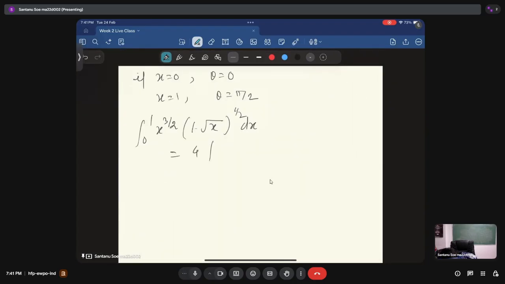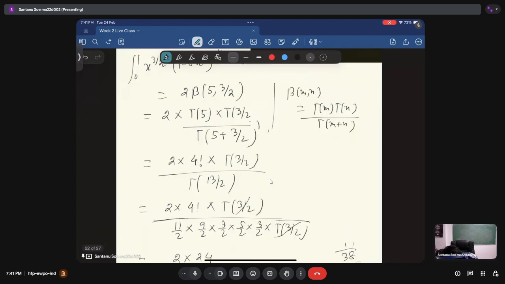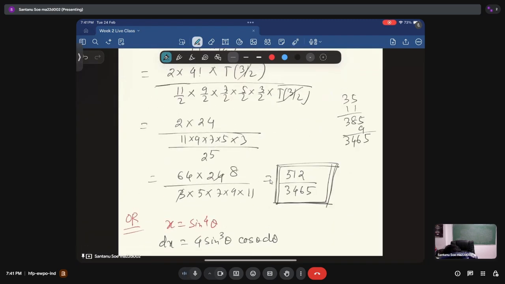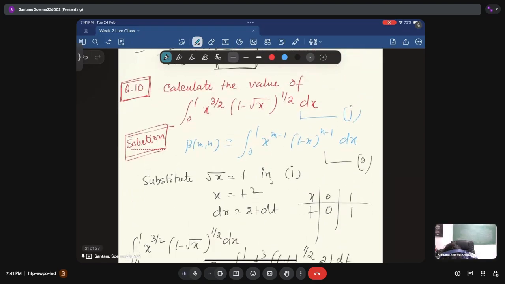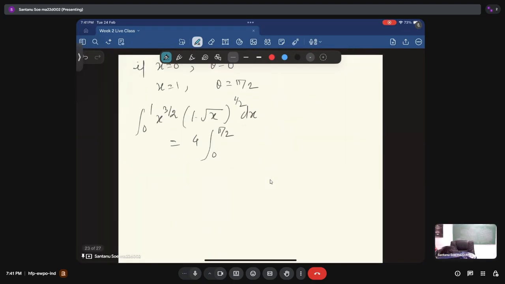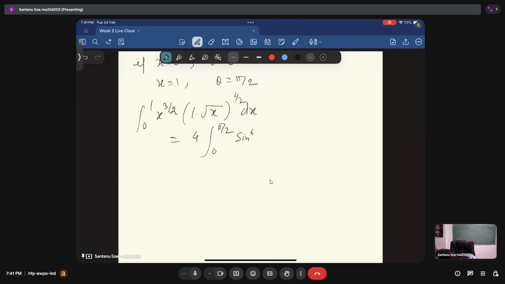4 times integration from 0 to pi by 2, and we are putting x to be sine to the power 4 theta, and it is given by x to the power 3 by 2, so it should be sine to the power 6 theta, and then 1 minus sine square of theta to the power 1 by 2, and then sine cubed of theta cos theta d theta.